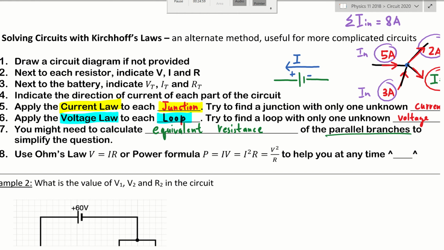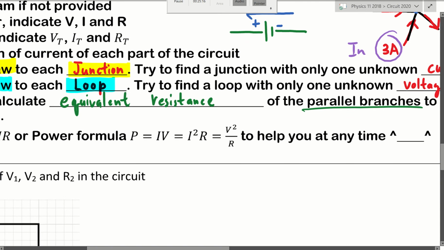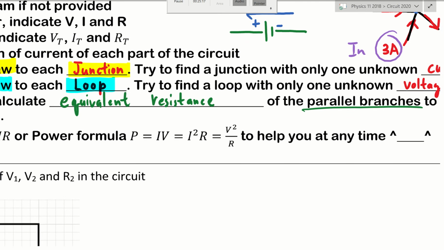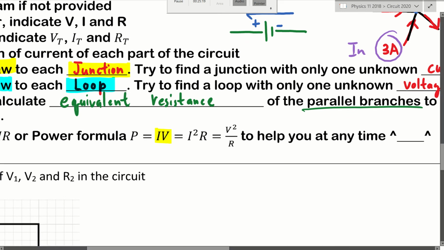And at any location, when you're in doubt, if you have 2 out of 3 things from current, voltage, or resistance, you can always find the missing third one. So use Ohm's law all the time to help you. Now, if the question asks you for power, usually you cannot get power immediately. You can only get power after you're almost done with everything else. You need the voltage and current at that location, or the current and resistance, or the voltage and resistance.